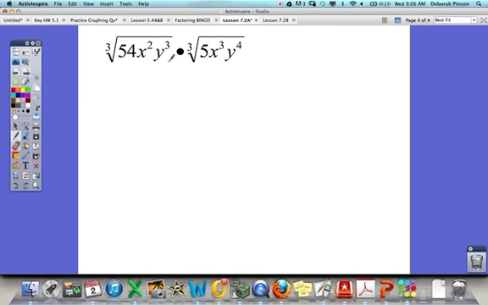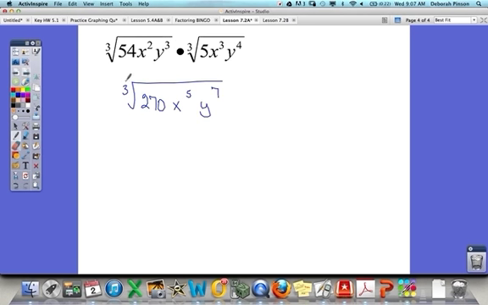Alright, so I've got some stuff multiplied together here. Now I'm going to go ahead and multiply before I simplify down. So 54 times 5, and you can do that in your calculator, is 270. X to the 5th, now remember from the exponents, when you're multiplying, you add the exponents, y to the 7th.